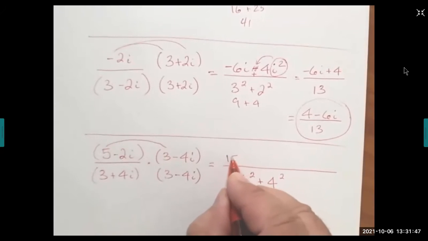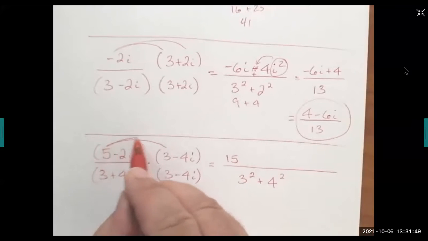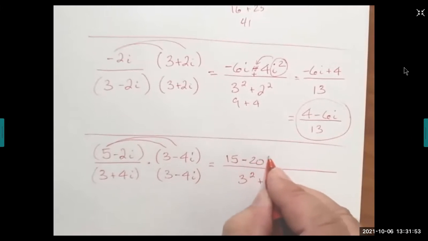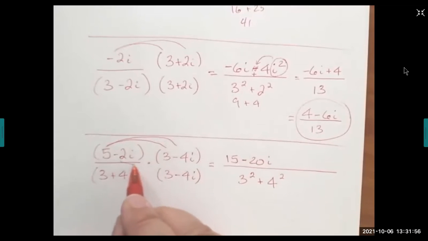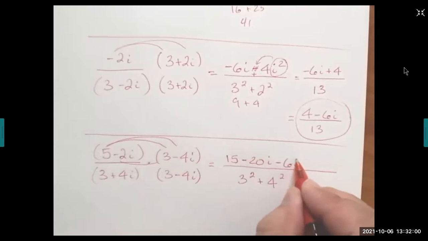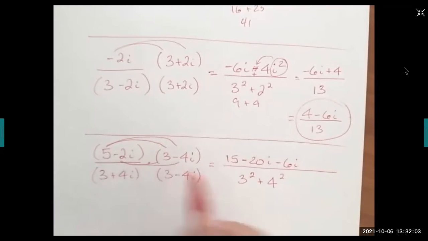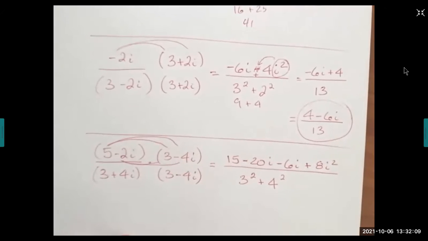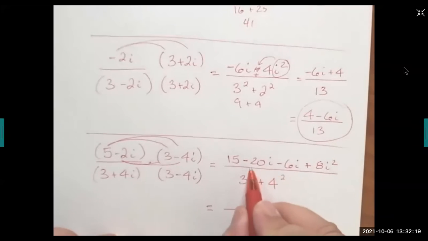5 times 3 is 15. Positive times negative is negative. 5 times 4 is 20i. Negative times positive is negative. 2 times 3 is 6i. Negative and a negative is a positive. 2 times 4 is 8i squared. Combine like terms.